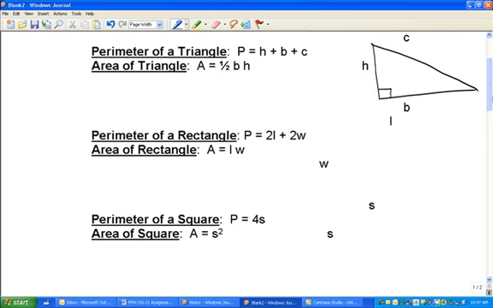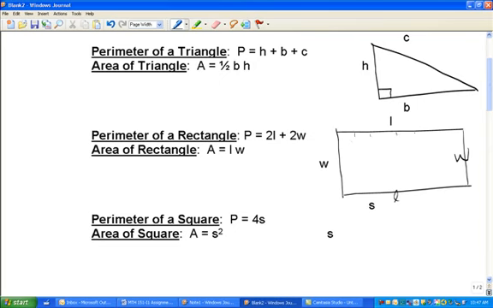So the perimeter of a rectangle, this is one you should know from high school and actually elementary school. The perimeter is twice the length. We have 2 lengths and 2 widths, so twice the length plus twice the width. The area is found by multiplying the width and the length.